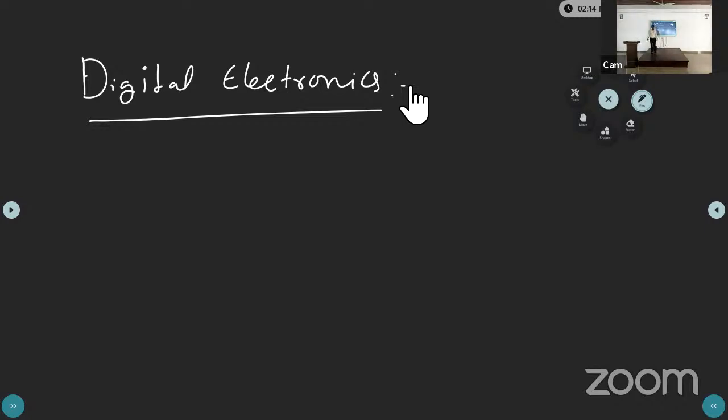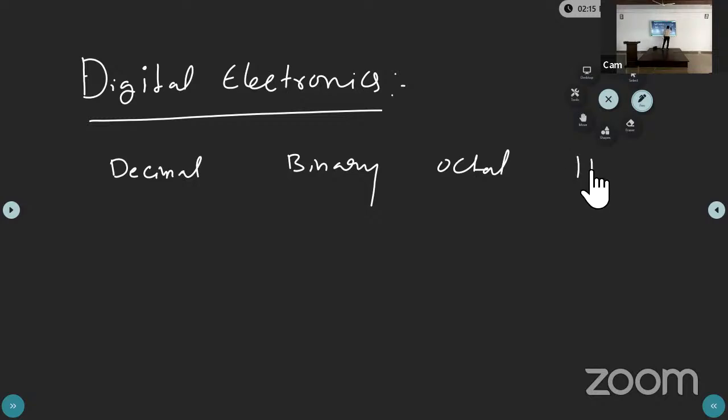What is the number system definition? A number system is a way to represent numbers using symbols or digits in a consistent manner. We have different number systems: decimal, binary, octal, and hexadecimal.